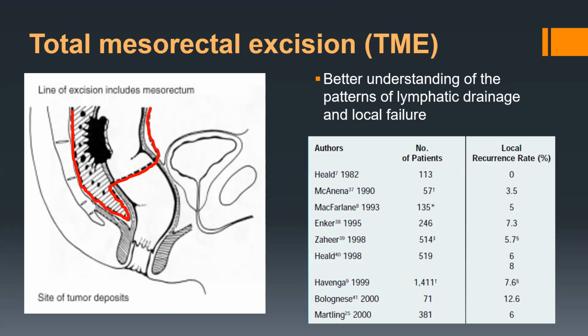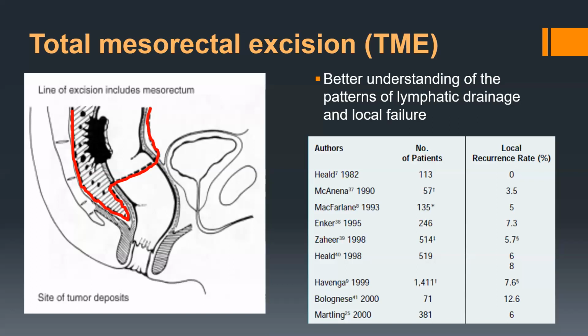Because there was this fear, or this hypothesis, that rectal cancer would spread via lymphatics to lymph nodes a few centimeters below the primary tumor to a few centimeters above the primary tumor. And if you didn't take out the entire mesorectum, that was what was causing the high incidence of local failure.